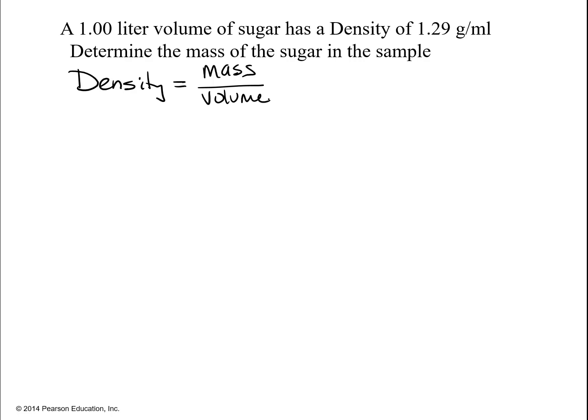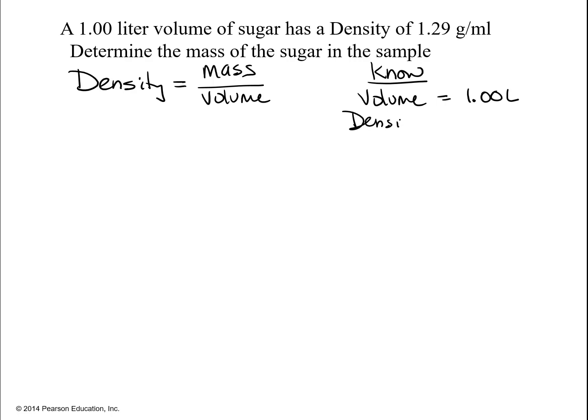Sometimes it throws people when it's put in sentence form. So the big thing to do is pick out, what are the numbers I know? So what is 1.00? Is it density, mass, or volume? I know volume. So I know volume is 1.00 liters. What else do I know?